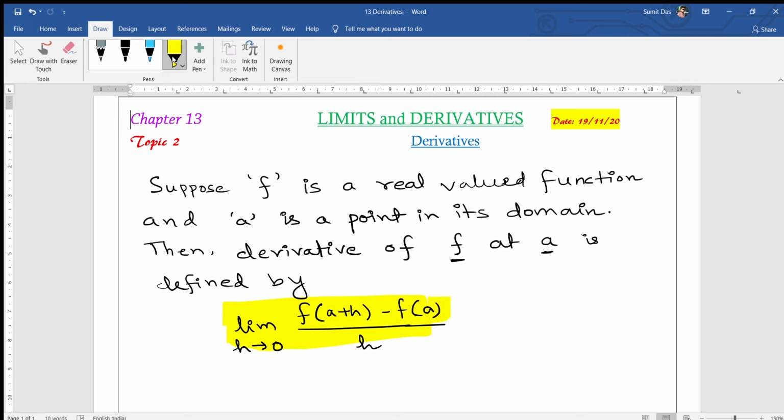So this is the basic concept of derivative. The derivative of f at a point a is defined by limit h tends to 0, f of a plus h minus f of a, divided by h.